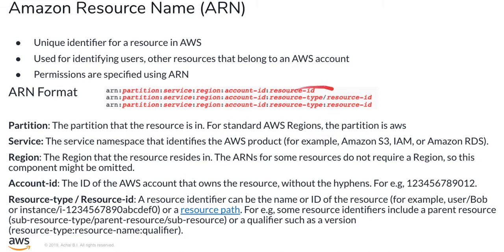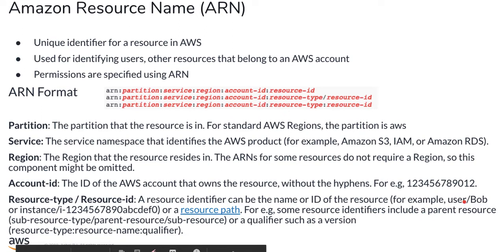And the last part would be the resource ID, or resource type slash resource ID. For example, here is an example where user slash Bob, or instance slash the instance ID can be used.